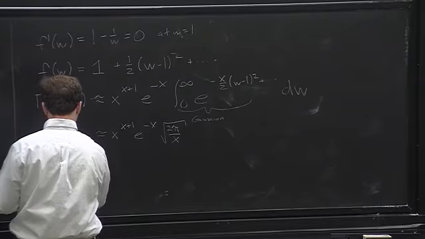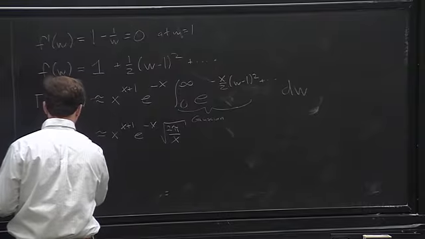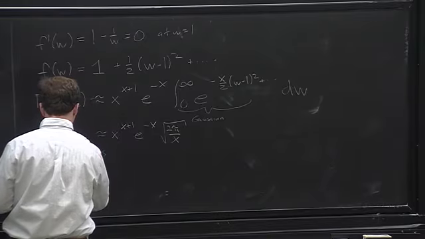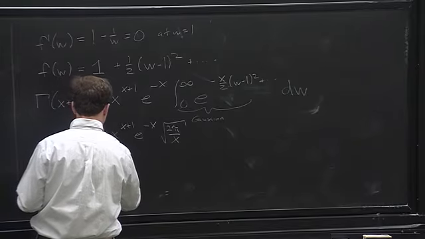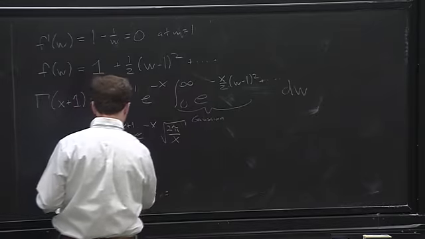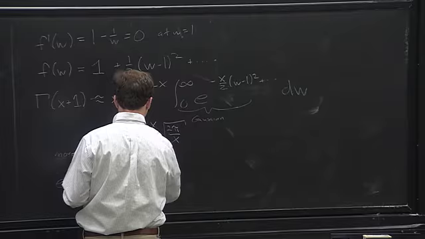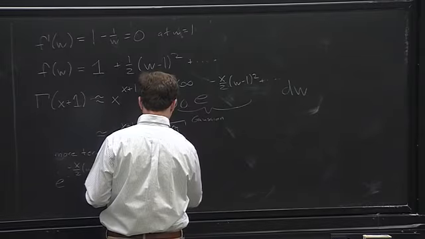If we wanted to include more terms, we have e to the minus x over 2 (w minus 1) squared, plus, say, c3, some constant, which we could compute if we wanted to, and some higher constants.